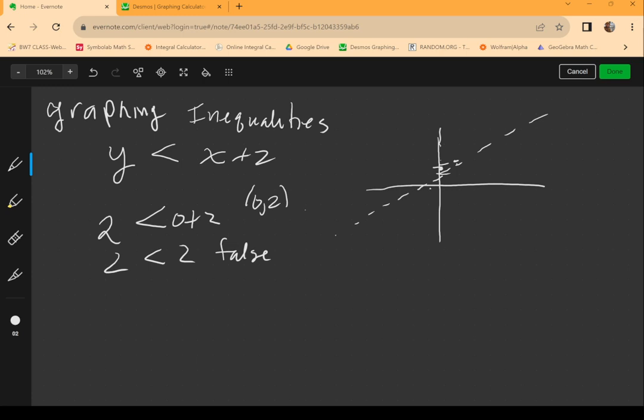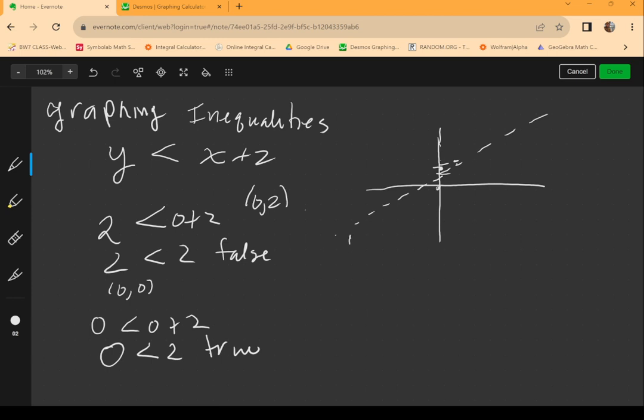So for example, let's choose one that is clearly below that line. Let's choose the point 0, 0. If I choose the point 0, 0, we get the inequality 0 less than 2. So this is true.